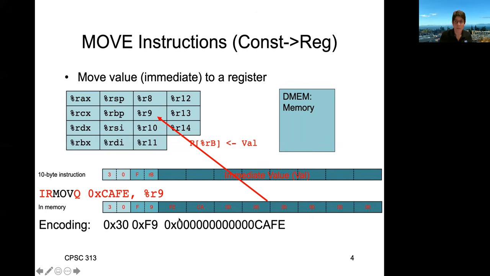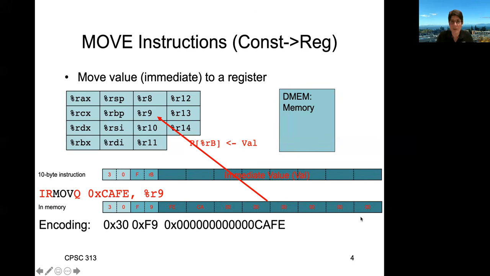Now remember, in memory, things are laid out in little endian order. So if we look at the value cafe, the low order byte is FE. So that is the byte that comes first. The next most low ordered byte is CA, that comes next. We're not showing the rest of the bytes, but they are in fact zeros.